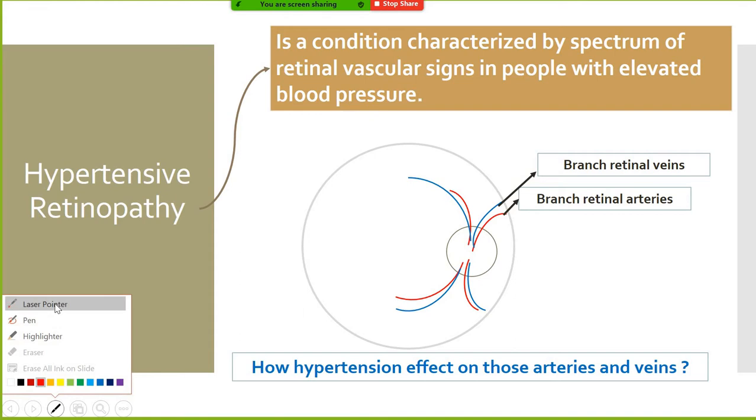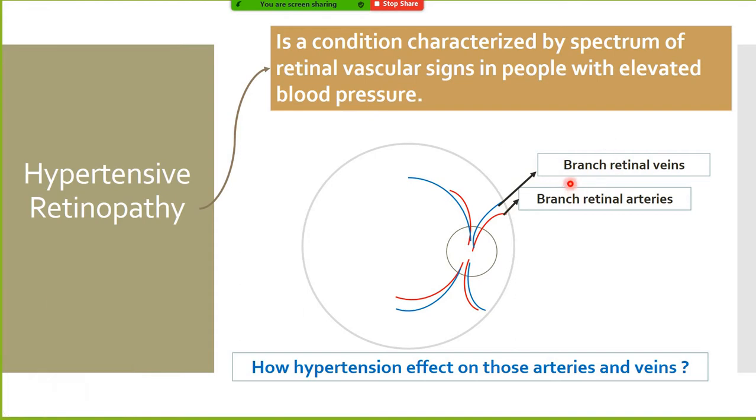These are the two things which majorly get affected, and in turn we get cotton wool spots, hard exudates, etc. So here is where your basic changes start in hypertensive retinopathy.